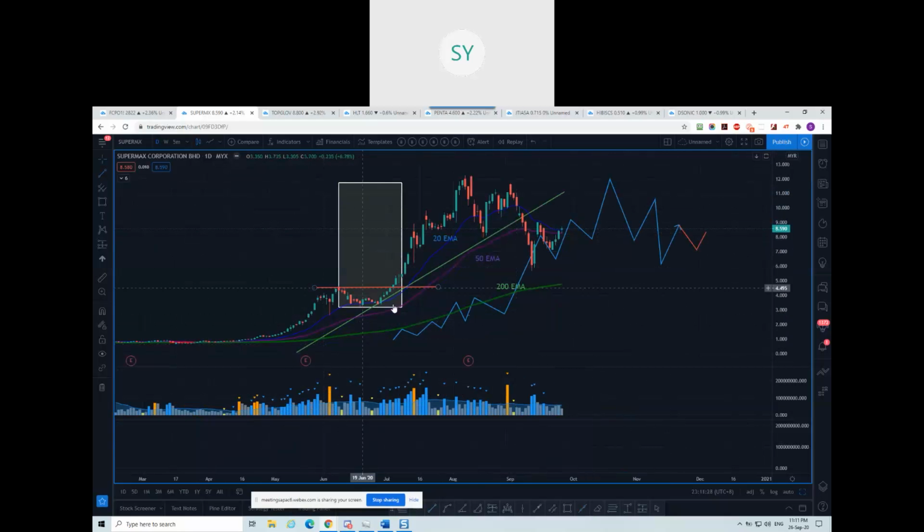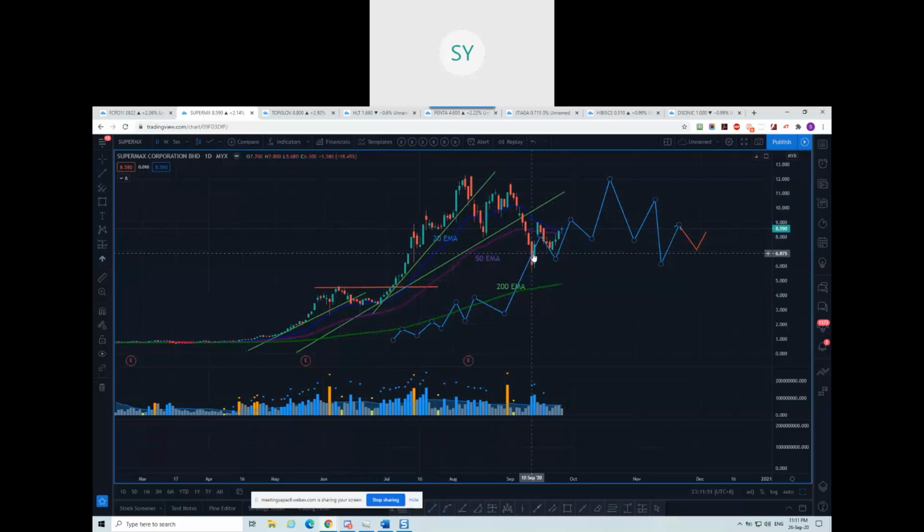This is a bigger structure. The smaller structure is here. There's a small structure here, and you have another more sharp, steep structure here. Connect the low. Okay, let me delete this.